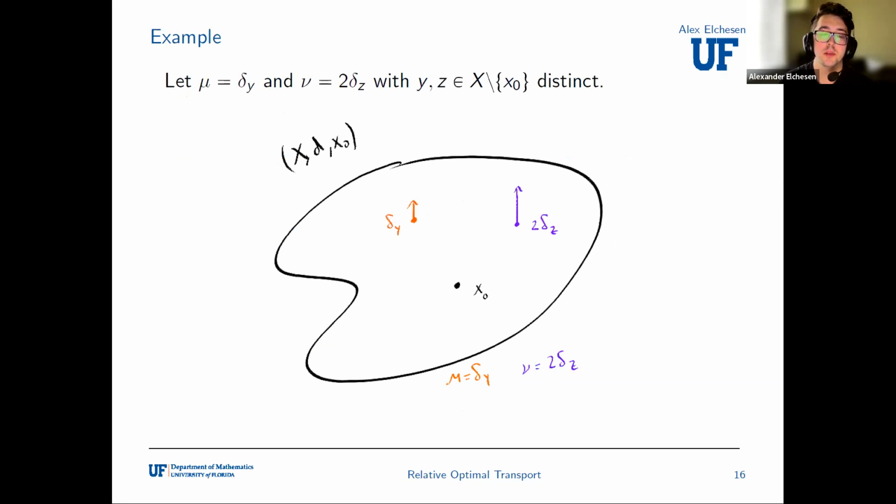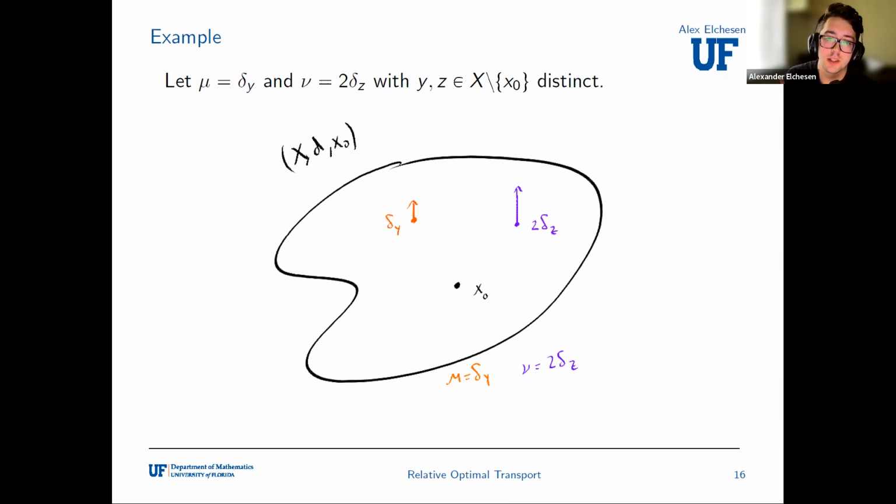So let me do an example just to see how these marginal conditions play out. Suppose that mu is a Dirac centered at some point y, and nu is 2 times a Dirac centered at z. So it's a Dirac with mass 2. y and z are distinct points, and they're distinct from the base point.